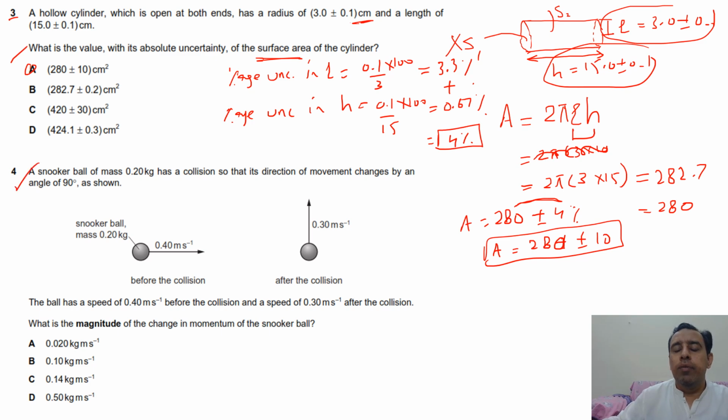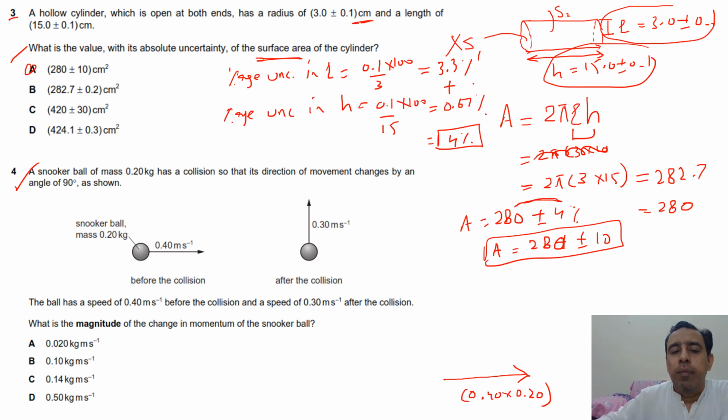In this question number 4, the snooker ball is moving towards right with some momentum, going to collide with this one with some hurdle, and its direction is going to change. It's the same ball with the same mass, just the direction is going to reverse. For example, if the ball is moving in this way, its momentum is 0.40 into 0.20.